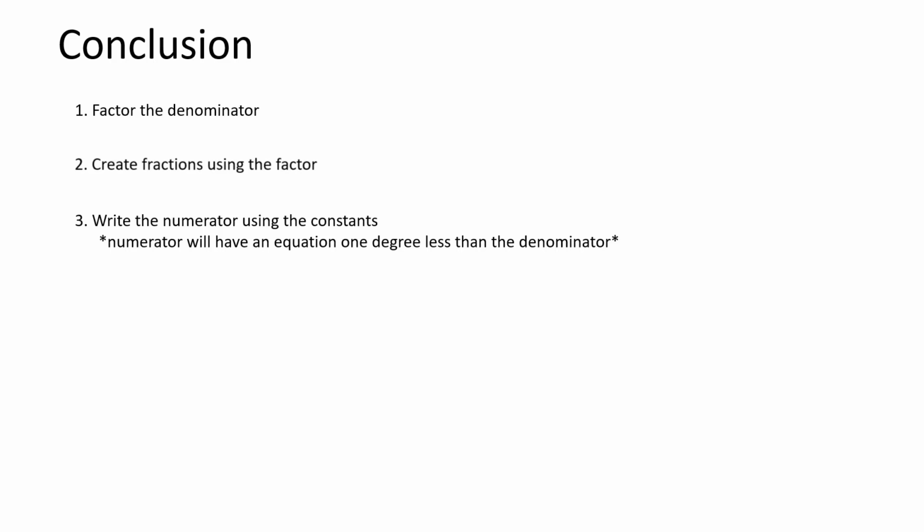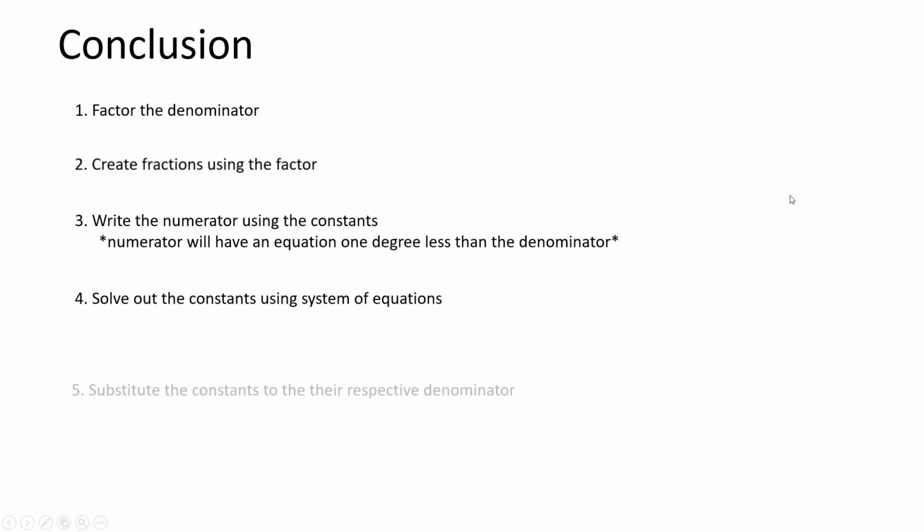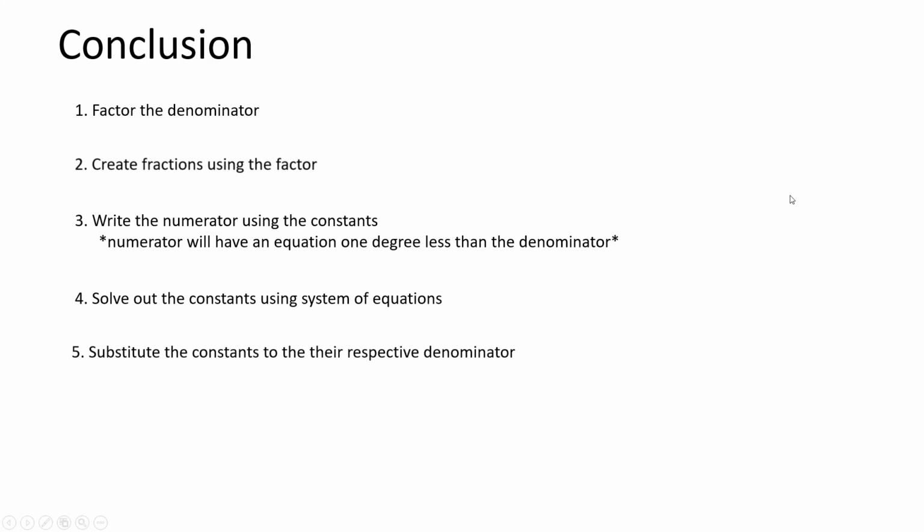For example, if your denominator is a linear function, your numerator will be constant. If your denominator is quadratic, your numerator will be linear. If your denominator is cubic, your numerator will be quadratic, and so on. Now, solve for the constants using the system of equations. And last step, substitute the constants into the respective denominators.